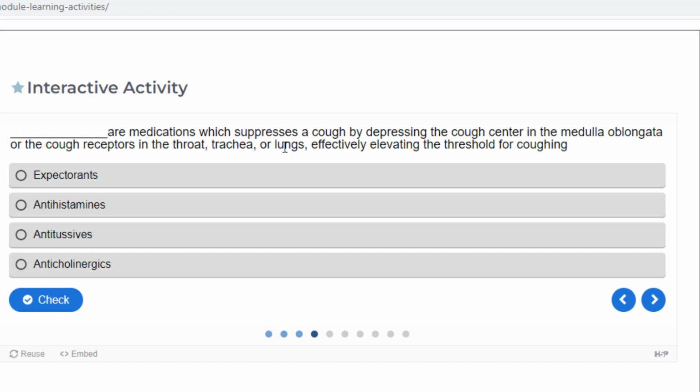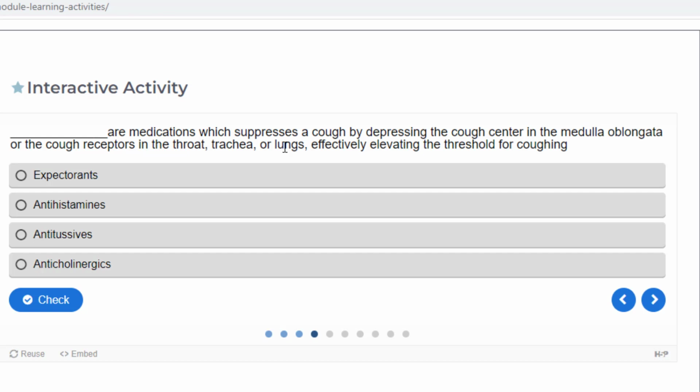So we have a couple that are a little bit tricky here. So an expectorant would be something that would help break up that mucus, and that's not exactly what they asked here, but that's something like guaifenesin, which would be the active ingredient in Robitussin or Mucinex, something like that.